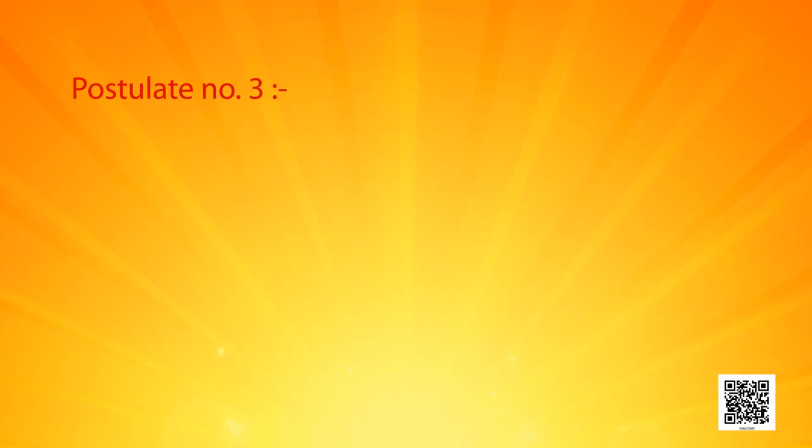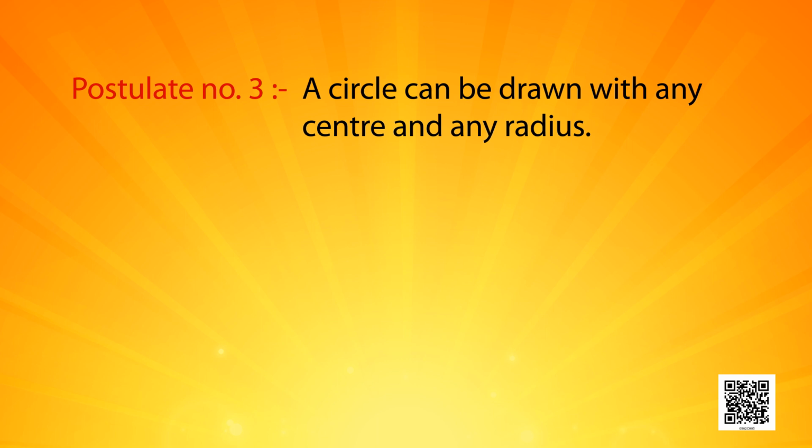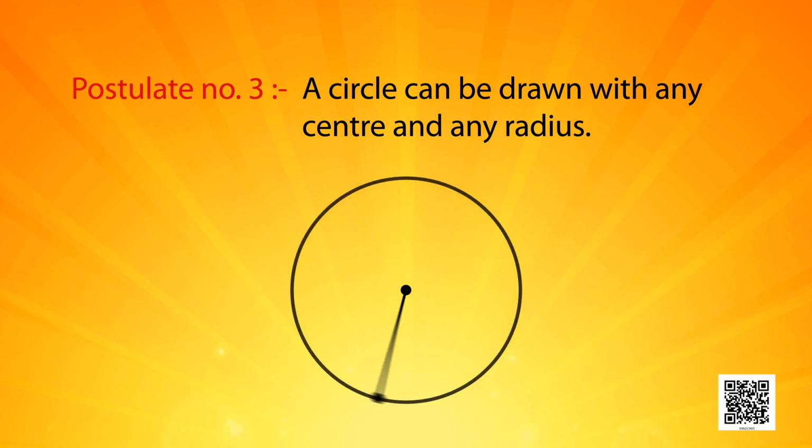Third postulate was that a circle can be drawn with any center and any radius. That means if we have put a dot on a plane surface, we can take it as the center of the circle, and with any radius we can form a circle around it.